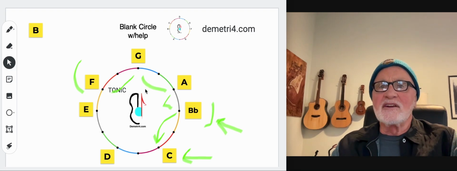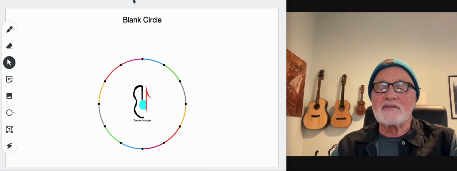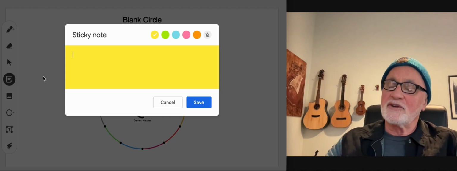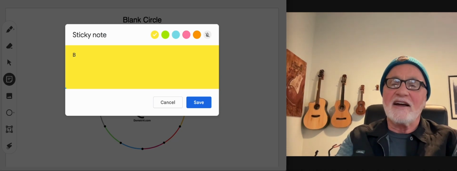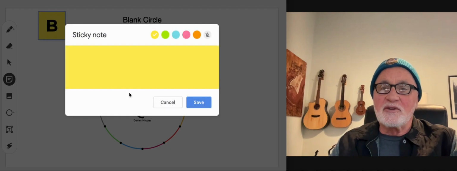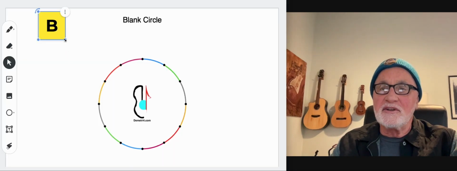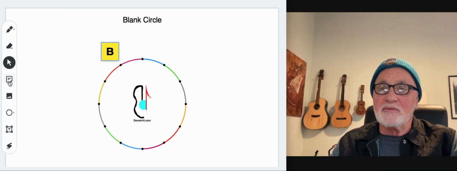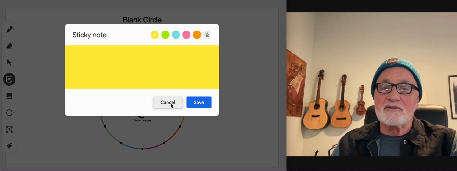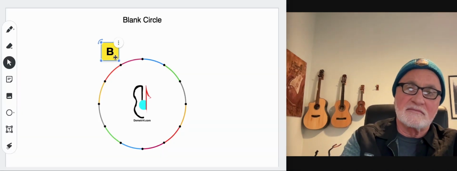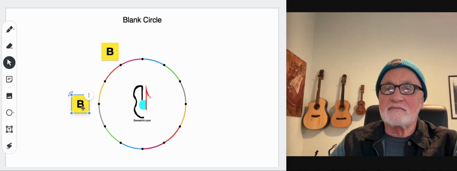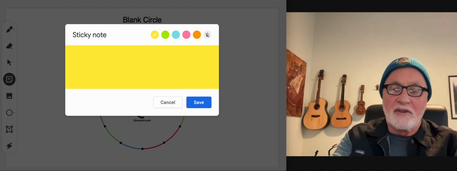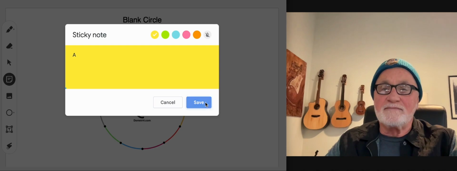Good luck. So what I am saying there, here's another blank circle we can use, is that we're still going to use that natural note circle, but the tonic is B flat, okay? And since we're doing natural notes, B flat is going to go in between A and B. As we look at our natural note circle, we know that the distance between A and B is a whole step.